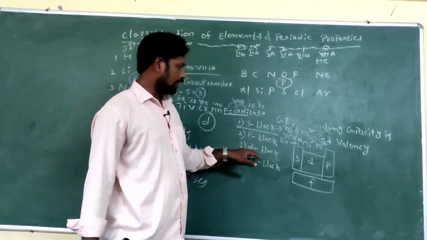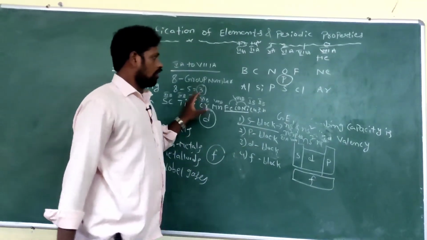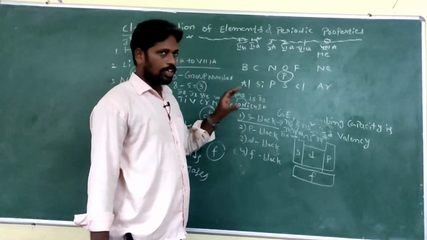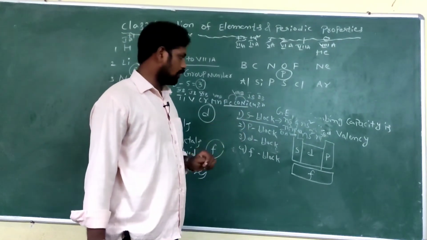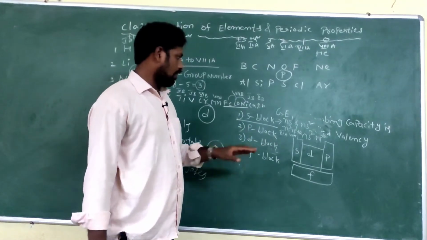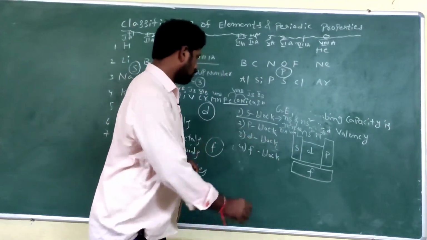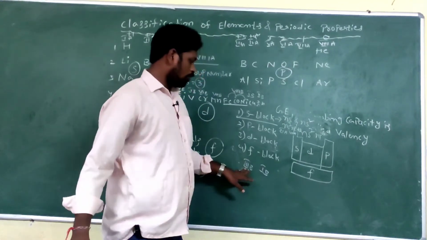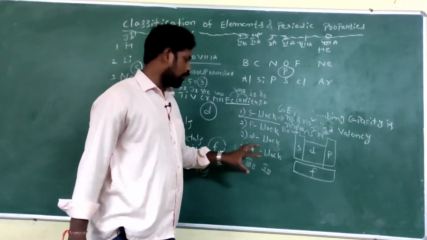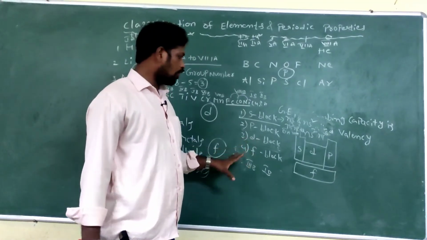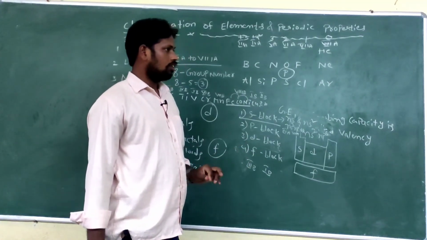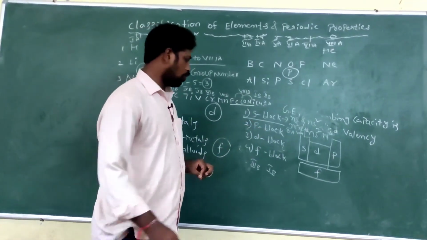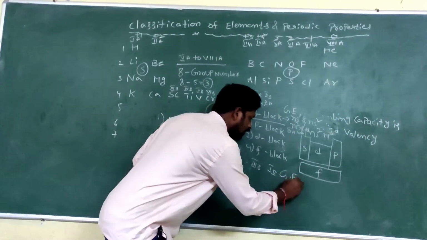D block elements: the middle of the S and P blocks is called the D block elements. They are 3B to 1B, that is, 3B to 8th B, 1B and 2B. The D block elements are present in the middle of the periodic table.